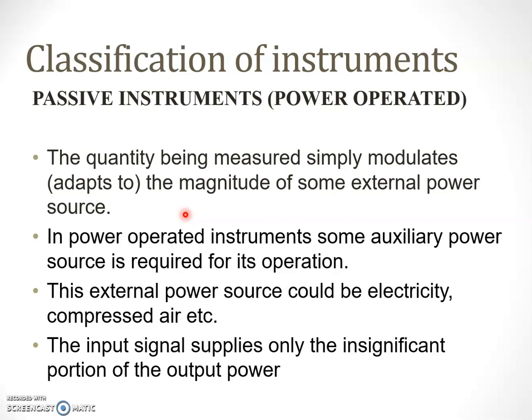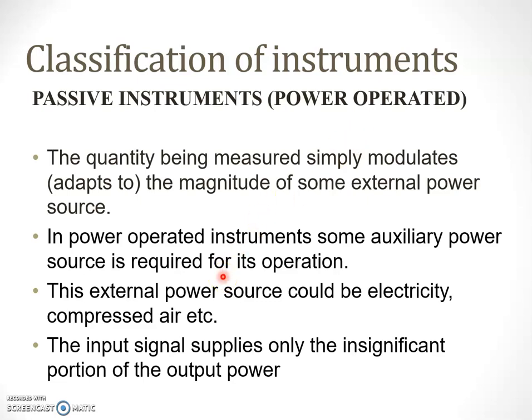The external power supply can be electricity, compressed air, etc. That is, the input signal supplies only an insignificant portion of the output power. That is all about power operated instruments.